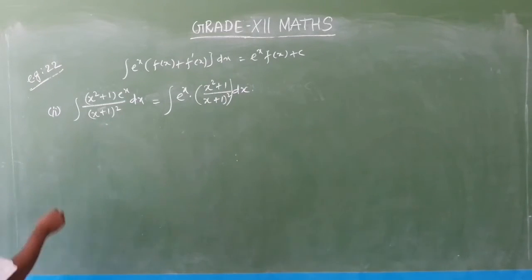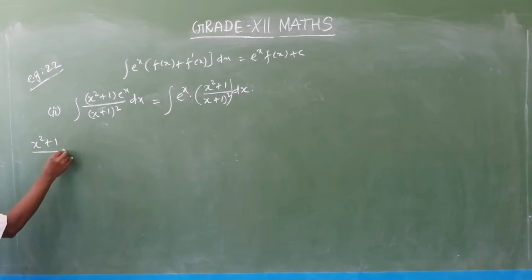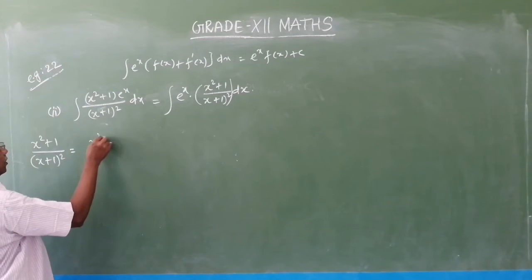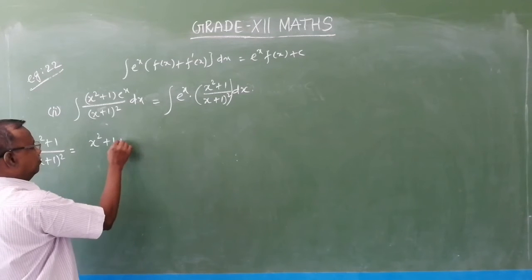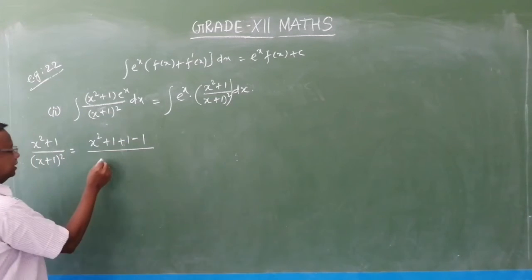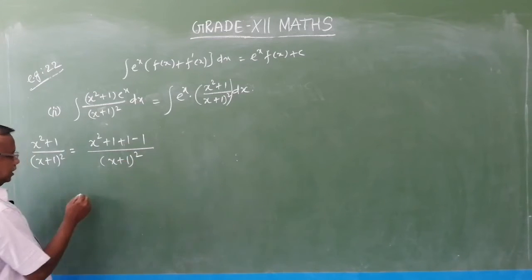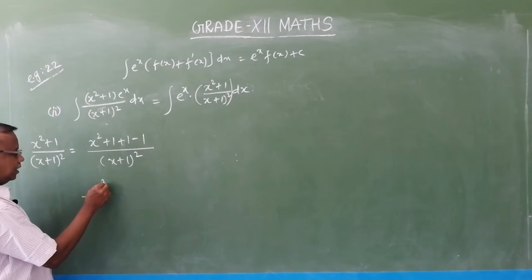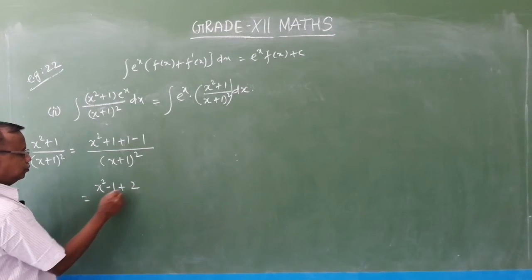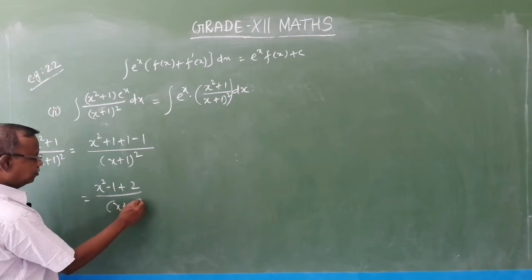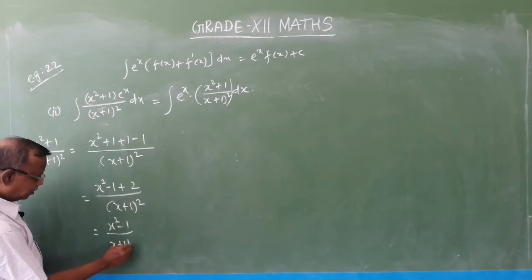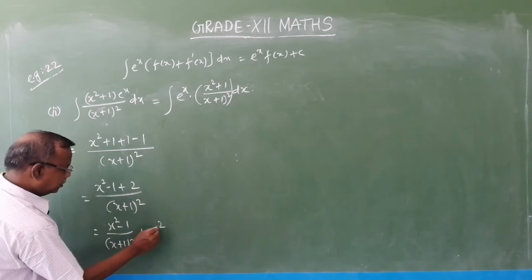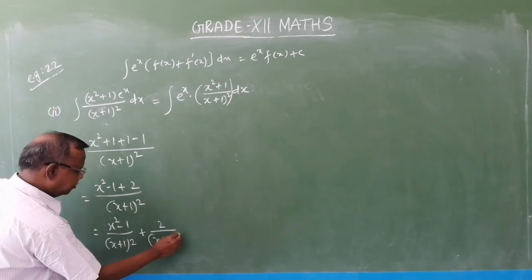Now, consider x square plus 1 by x plus 1 the whole square, which is equal to x square plus 1, add 1 and subtract 1 in the numerator, plus 1 minus 1 divided by x plus 1 the whole square. So, this can be written as x square minus 1 plus 2 divided by x plus 1 the whole square, which is equal to x square minus 1 by x plus 1 the whole square plus 2 divided by x plus 1 the whole square.